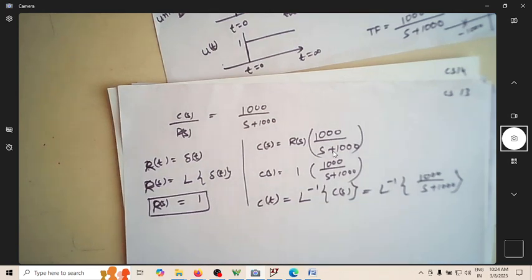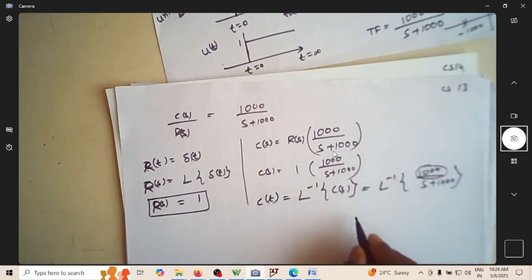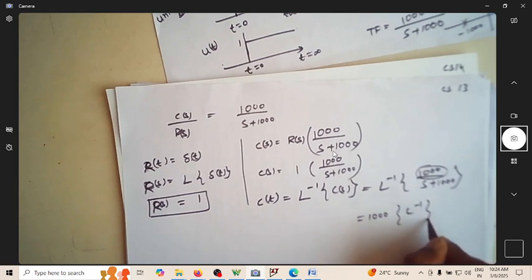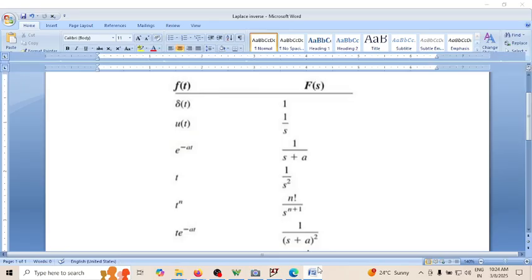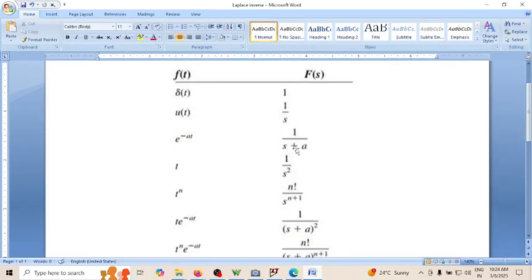Now this is my Laplace. Is this a constant? I'll take this constant outside. What is Laplace inverse of 1 over s plus 1000? Here, this is actually the Laplace of 1 over s plus a, correct?